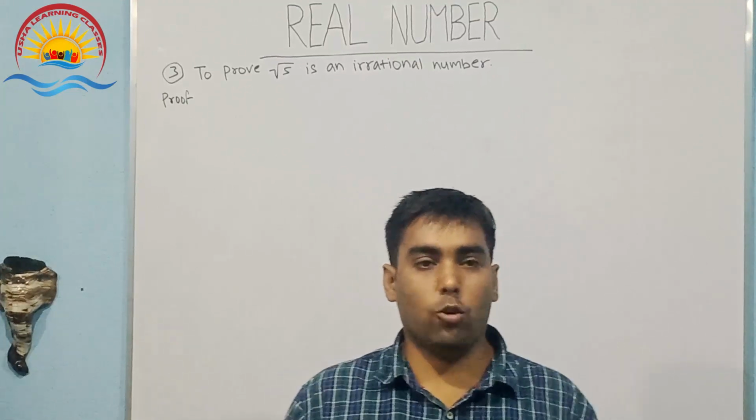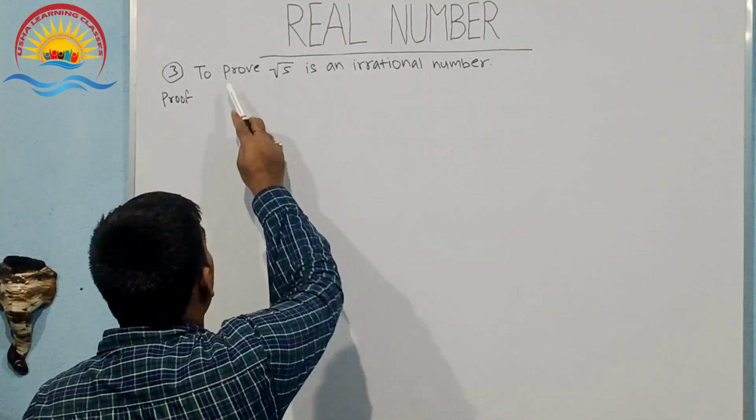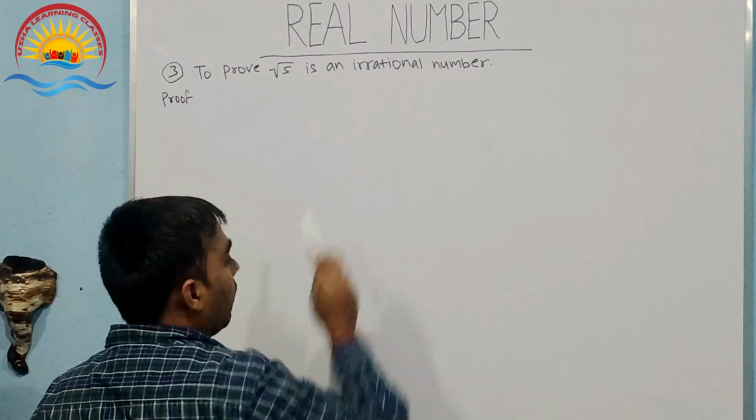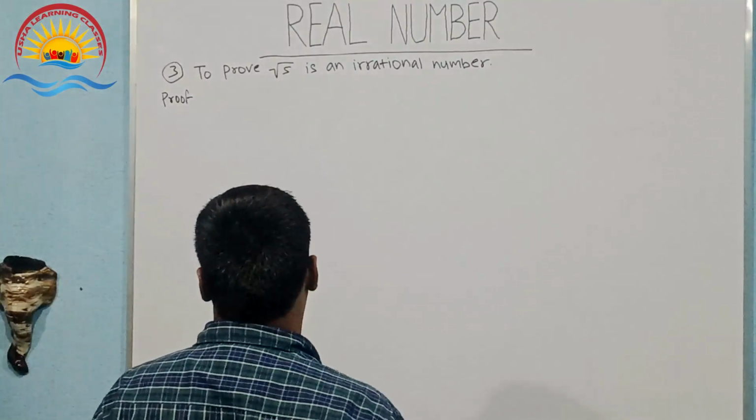Now come to our next topic, to prove that root 5 is an irrational number. Let us prove now.